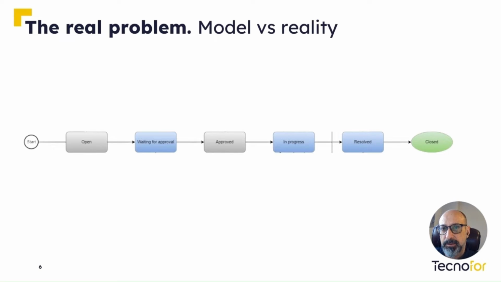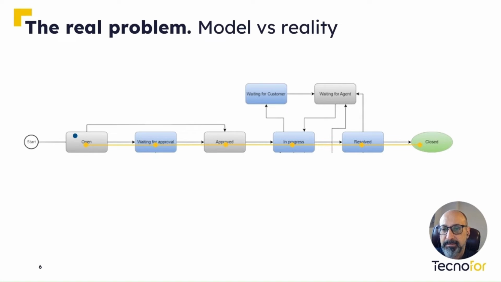So when we speak about processes, there's a real complexity, the real problem with what we model and what is really executing. On the screen, you have a very straightforward process, an incident management process or request process, which I would like to always be executed through this yellow path, the yellow brick path, which is pretty straight.